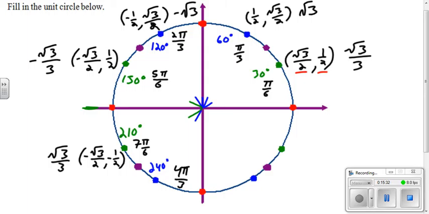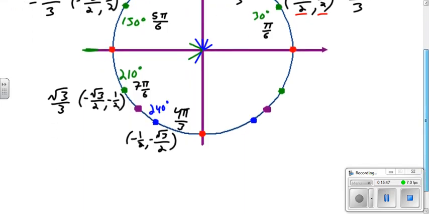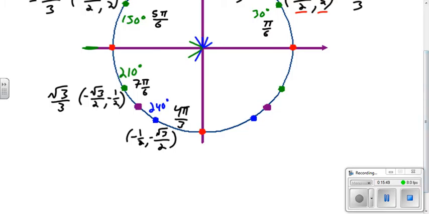The coordinates for this, again, the x didn't change, so we have negative 1/2 as our x. Our y reflected over the x-axis, so it becomes negative √3 over 2. And the tangent at this point then is going to be square root of 3.